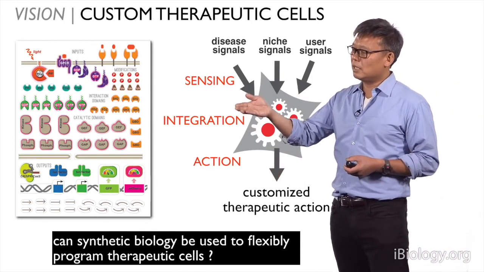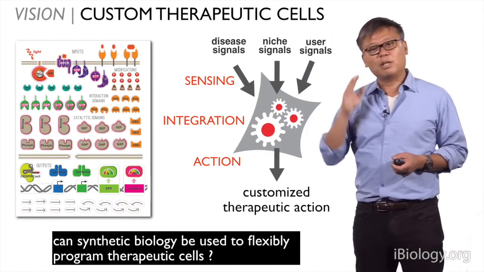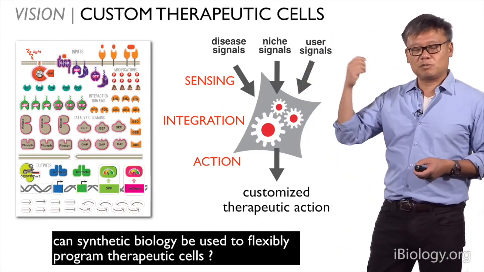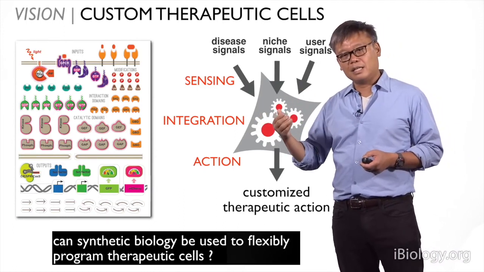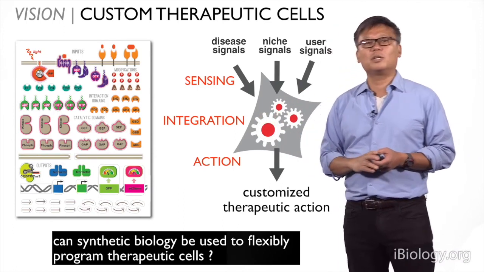And so we think this is a really exciting period for applying synthetic biology to these sorts of mammalian cells, to immune cells, to create exciting and hopefully very useful therapeutic functions.